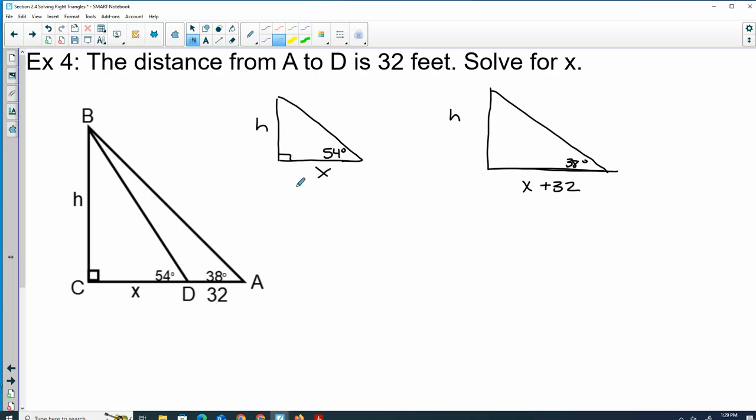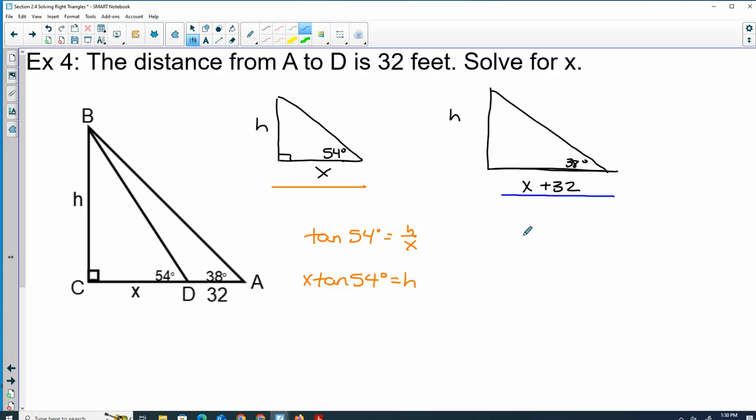So if I look at this first triangle, from my 54, H is opposite, X is adjacent. What trig function is that? Tangent. Let's say the tangent of 54 degrees equals H over X. Multiply over the X: X times the tangent of 54 degrees is equal to H. In this triangle, I'm stuck because I still have my two variables.